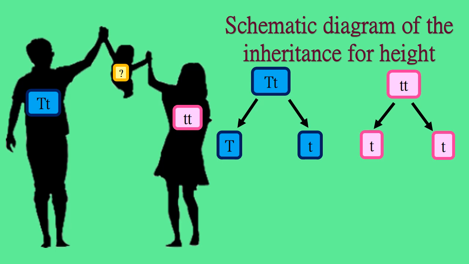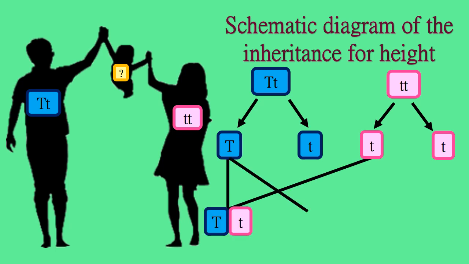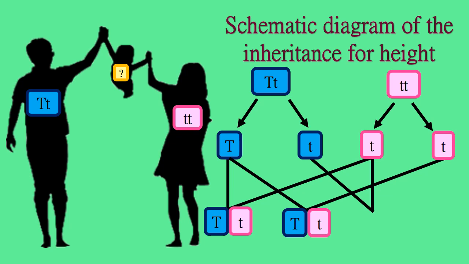The capital T from the father combines with the first small t from the mother. The capital T from the father combines with the second small t from the mother. Thirdly, the small t from the father combines with the first small t from the mother. And finally, the combination of the small t from the father with the second small t from the mother.